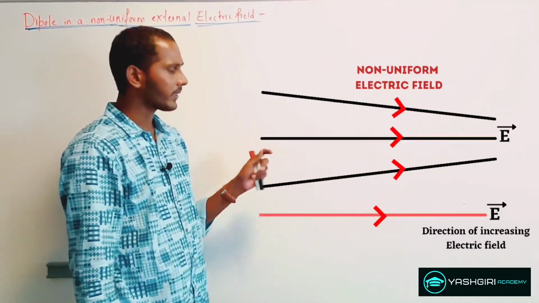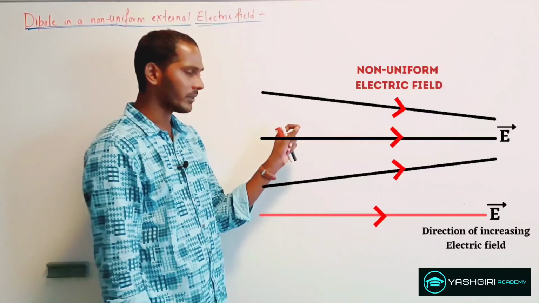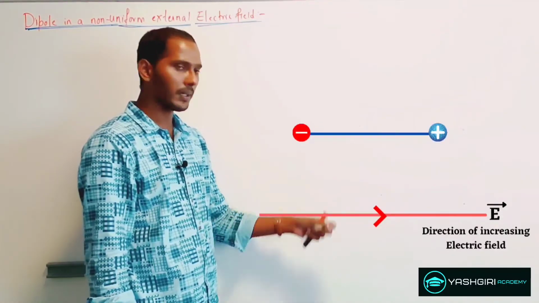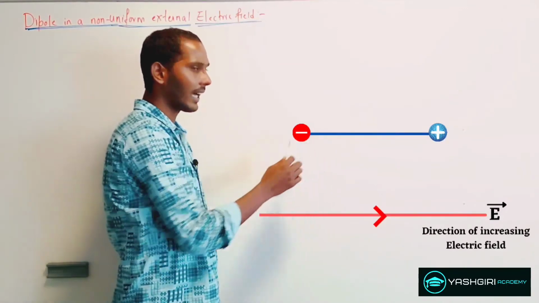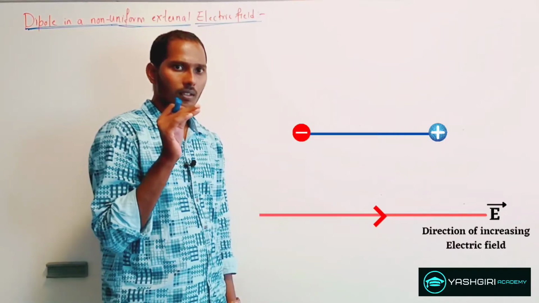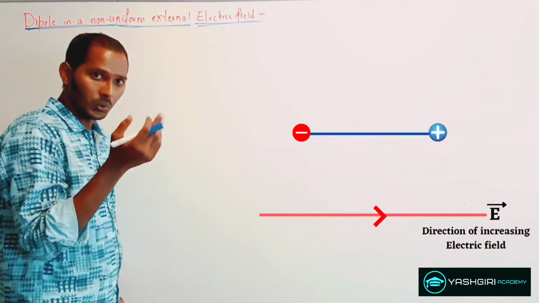So let us bring an electric dipole into this non-uniform electric field. If I place this electric dipole over here, something like this, let's consider only two cases.